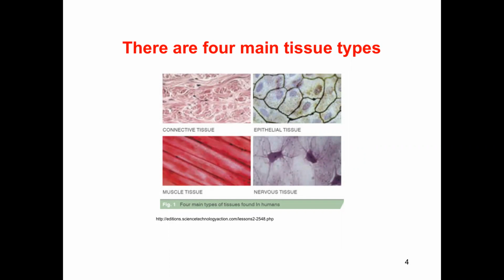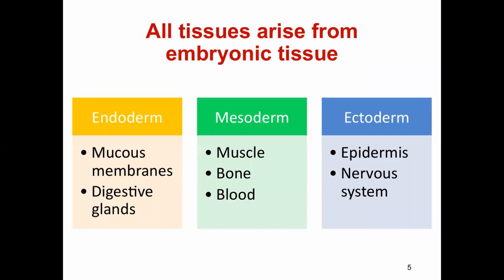You'll see that this chapter is mostly focused on connective and epithelial tissue, and I'm just introducing muscle and nervous, because we're going to spend a lot of time studying those 2 types of tissues later on in the semester. So we'll talk more about the specifics at that time. And some of it, of course, you'll hear again from what I'm going to talk about here.